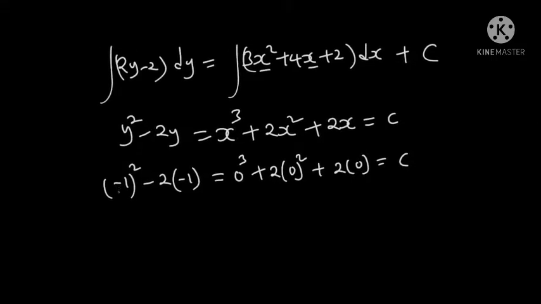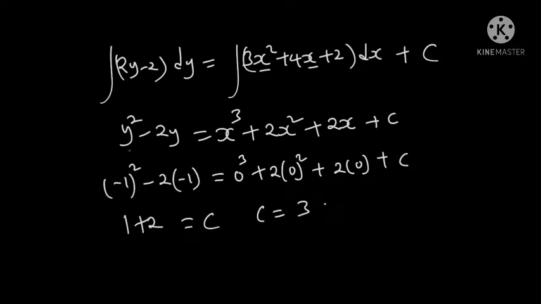Now, negative 1 squared will give us 1. Minus 2 times minus 1 will give us plus 2, equals 0 plus 0 plus 0 is 0, so we'll have c. The value of c is given by 3.